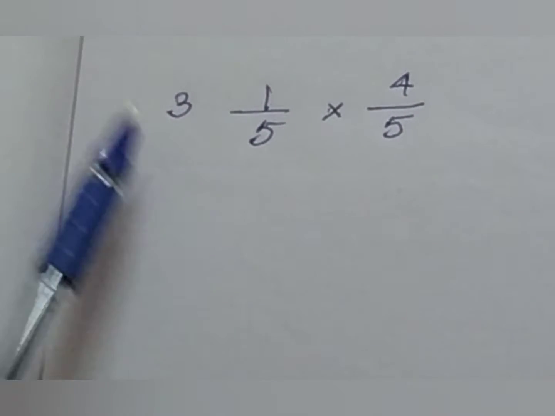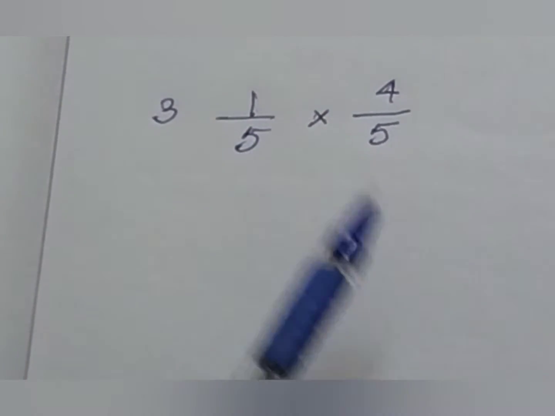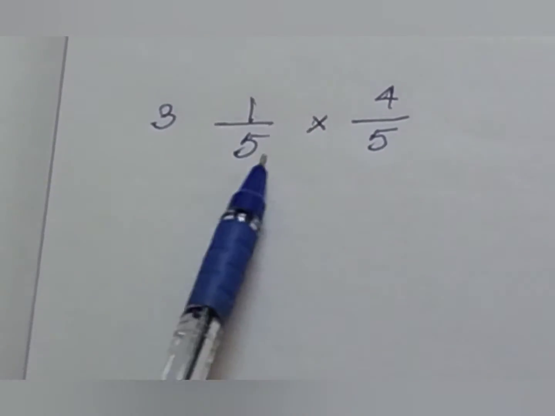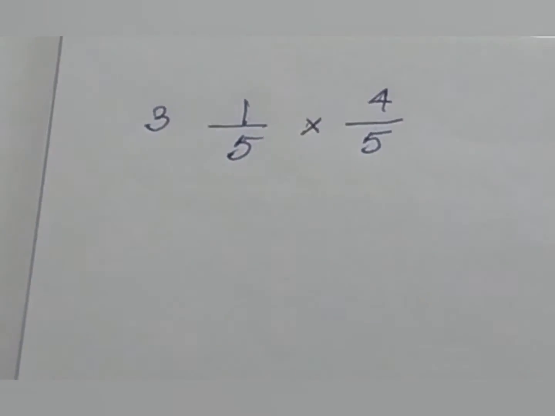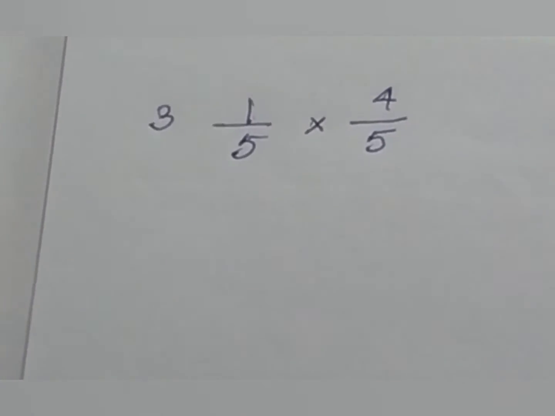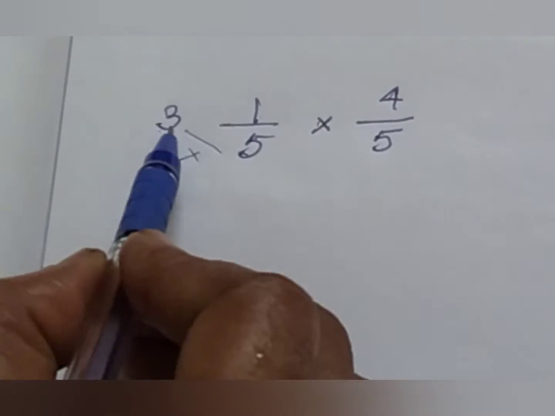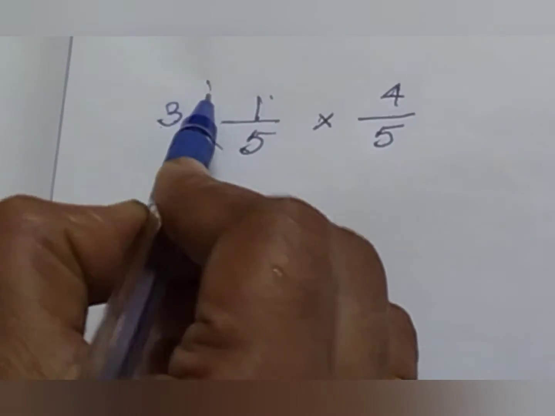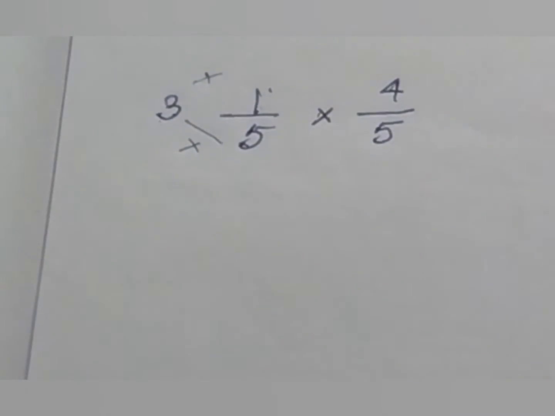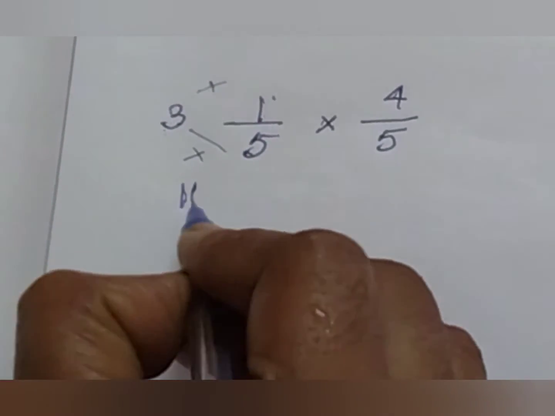Our next question is 3 1 by 5 into 4 by 5. Here we have both a mixed fraction and a proper fraction. First, what we have to do is convert the mixed fraction into an improper fraction. 3 5's are 15 plus 1, 16.